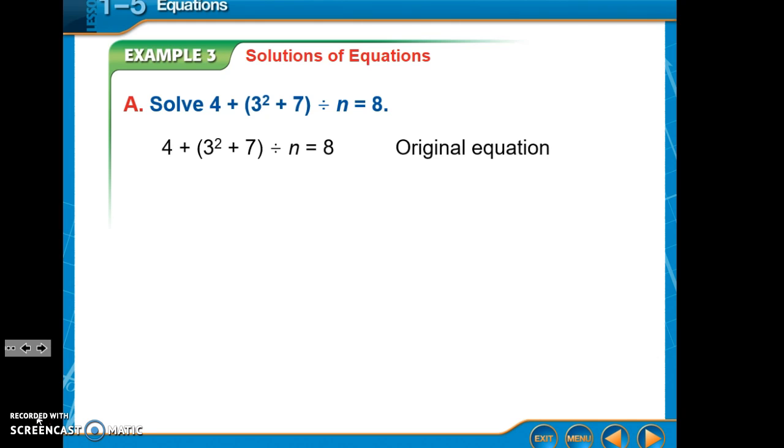Alright, so they're going to start with the original equation. And let me see what they're... Okay. I'm going to rewrite it. Would you rather it look like this or like this?